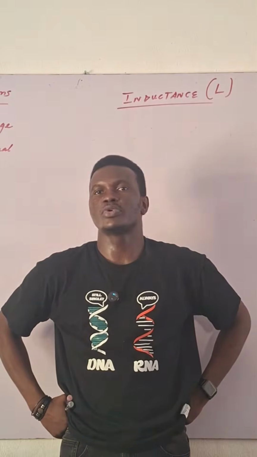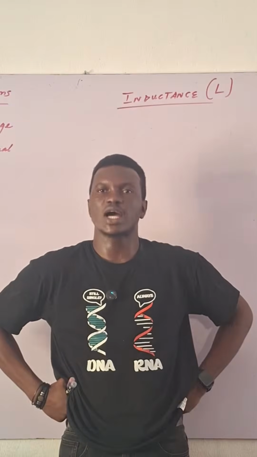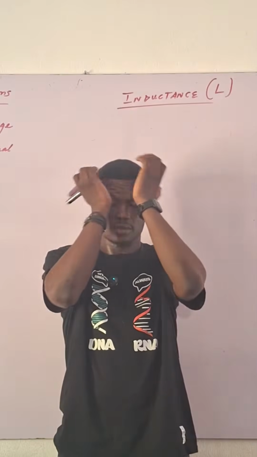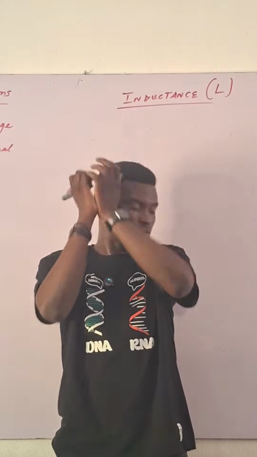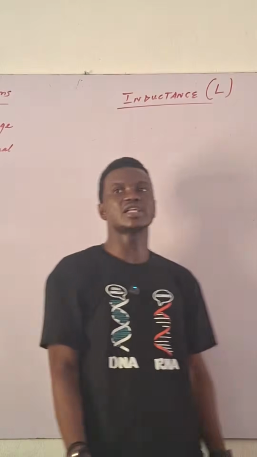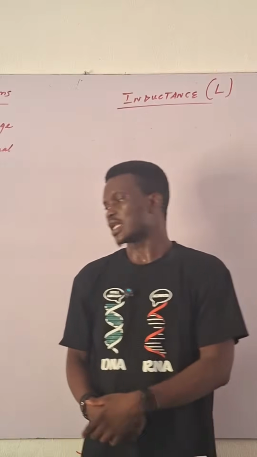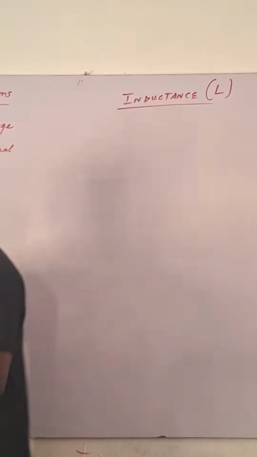It is the opposition produced in a wire as a result of current flowing in a wire that is generating a magnetic field.